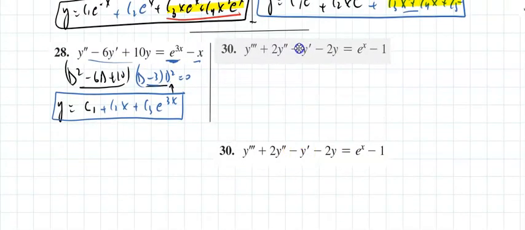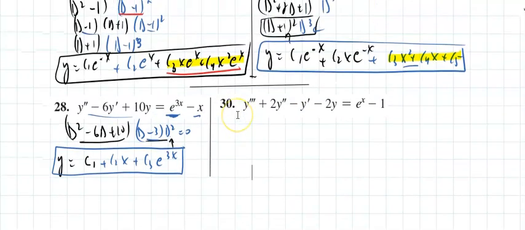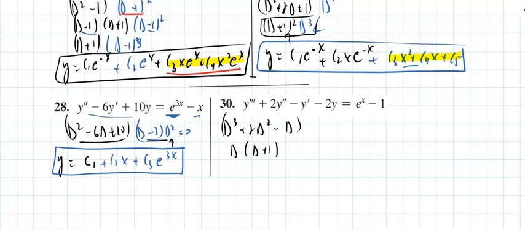Same deal with this one. If I really wanted to work this out, the annihilation of this, that's d cubed plus 2d squared minus d, which is d into d plus 1, d squared plus 2d, oh, I forgot the 2.